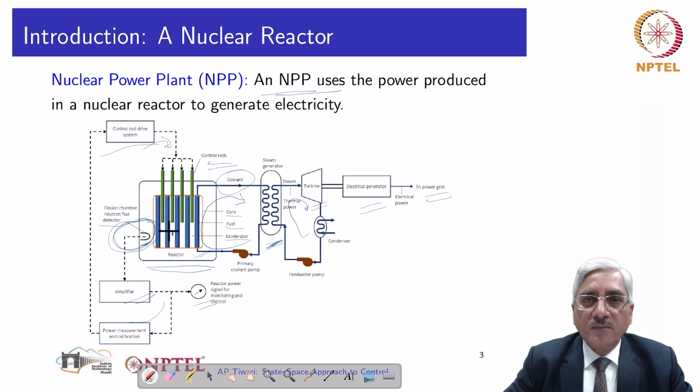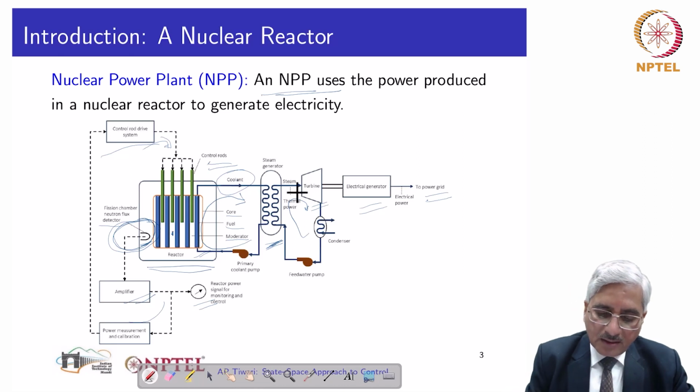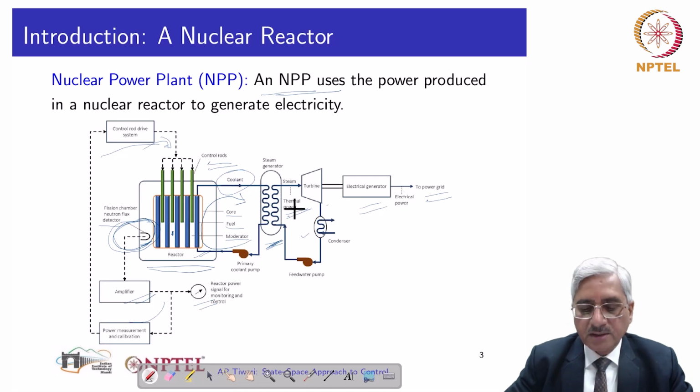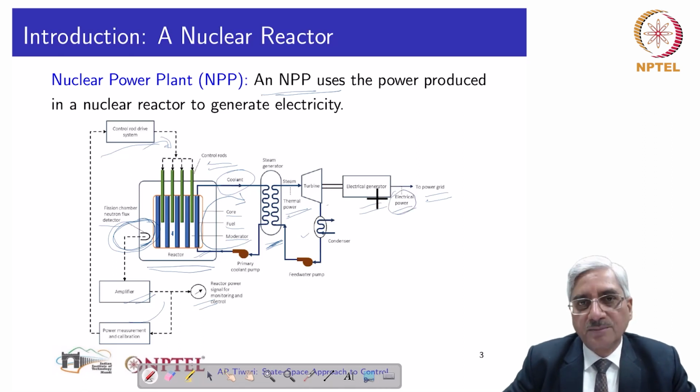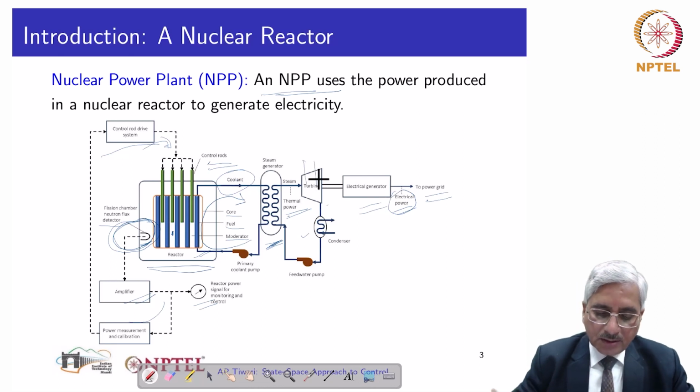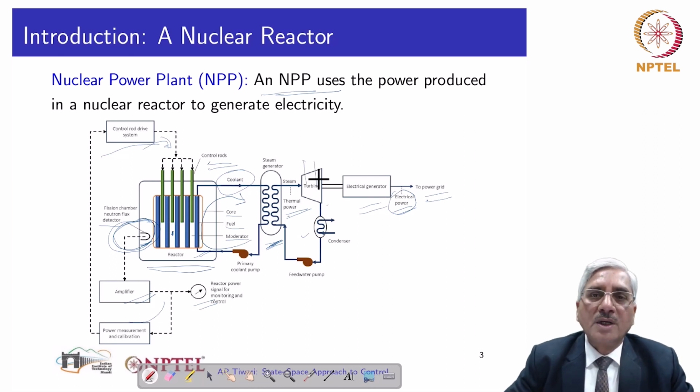So these two are flux measurements carried out in operational power reactors. Besides that, thermal power is measured. The reactor thermal power is measured by measuring the steam flow and enthalpy or temperatures, etc. And electrical power is another quantity available for measurement. So many such instruments are useful for reactor operation.